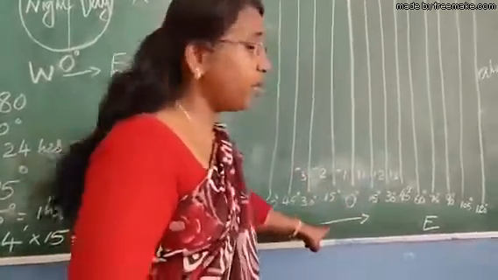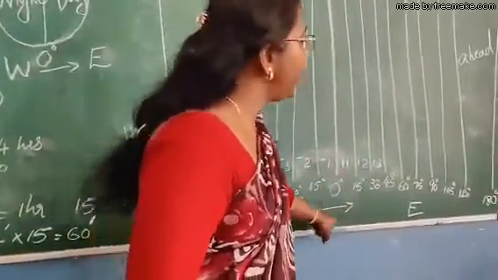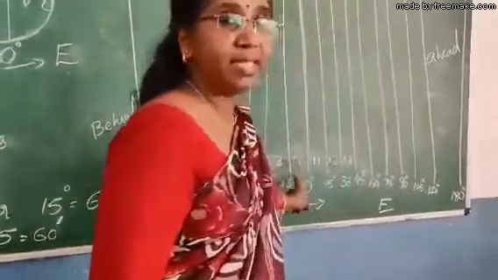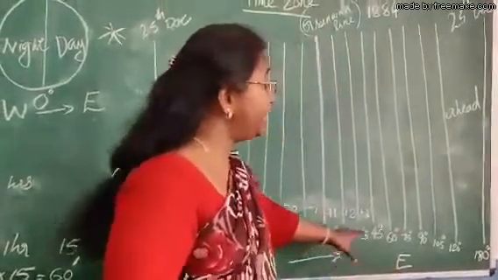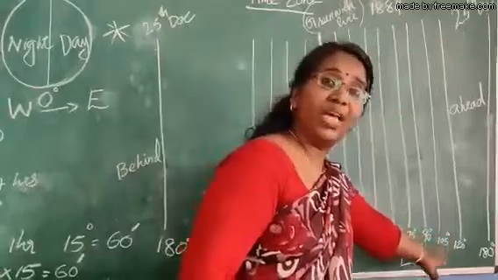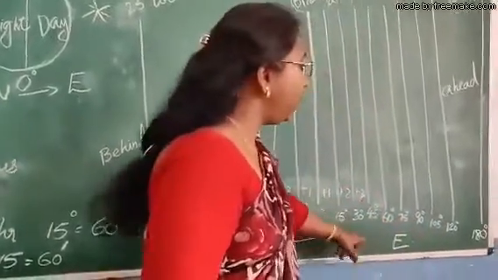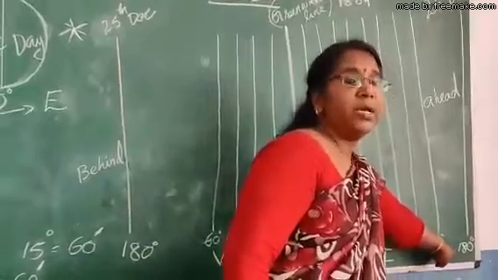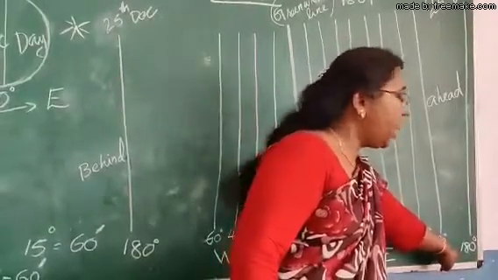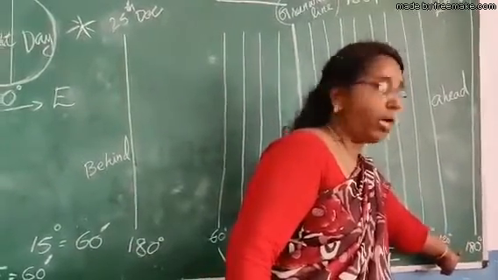So when it rotates from west to east, always the places of the east face the sun. So the sun rays fall on the places of the east. For example, at 180 degree longitude, this place faces the sun and experiences morning.